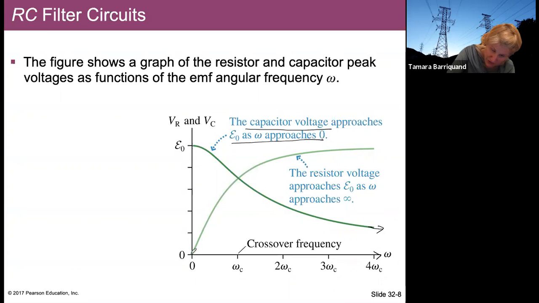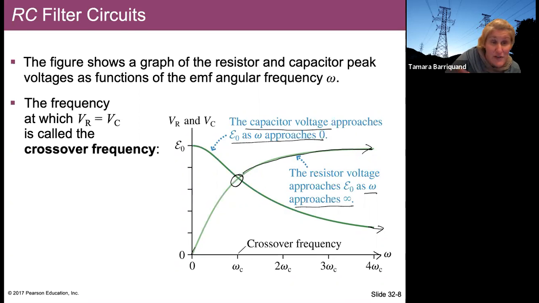Whereas the resistor voltage right here starts out as 0, and as omega approaches infinity, the resistor voltage approaches EMF naught. Now there is a moment where they cross. That is right here. And the frequency at which VR equals VC is called the crossover frequency. It is written omega C, and it is equal to 1 over RC.